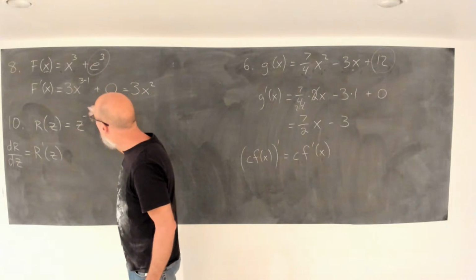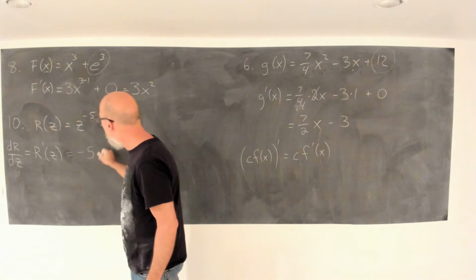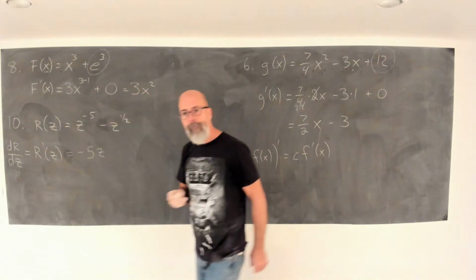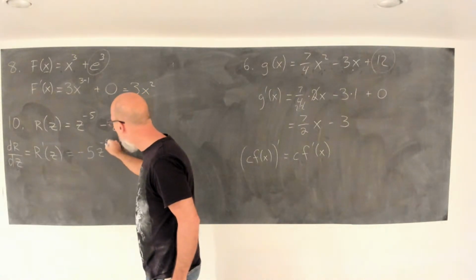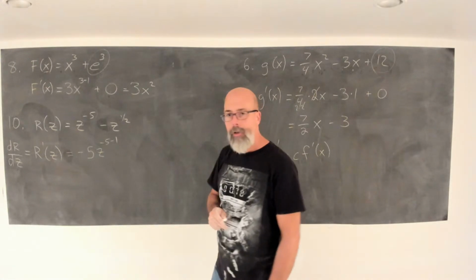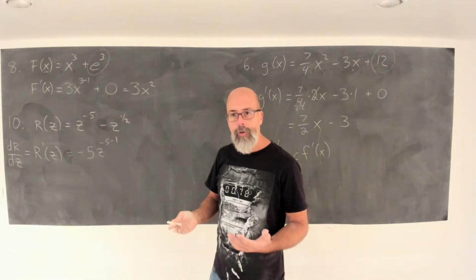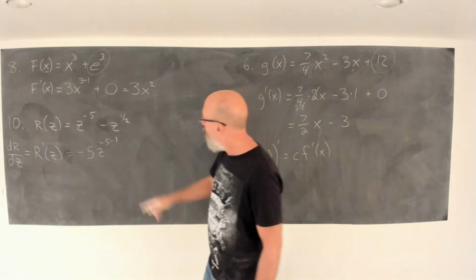So this power rule, you bring the power down, minus 5 z to the minus 6, right? You subtract 1 from the power. Let me write it as this, right? Because our rule, the derivative of x to the n, is n x to the n minus 1.